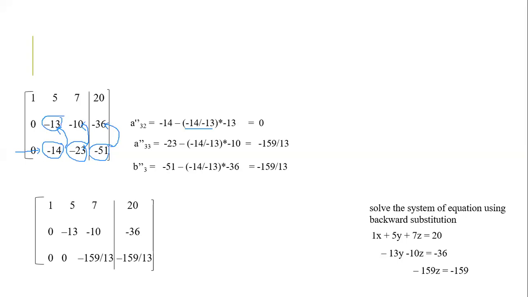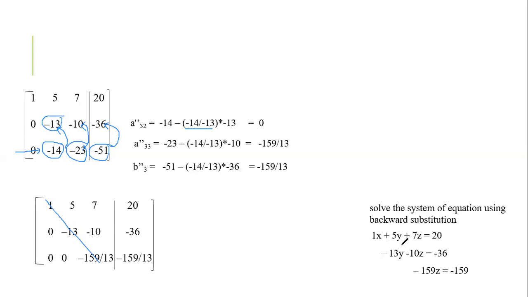Good. So we've obtained our upper triangular matrix. Let me draw that again. Once we've obtained the upper triangular matrix, we can rewrite it in equation form and use backward substitution to solve it, like you were seeing here.